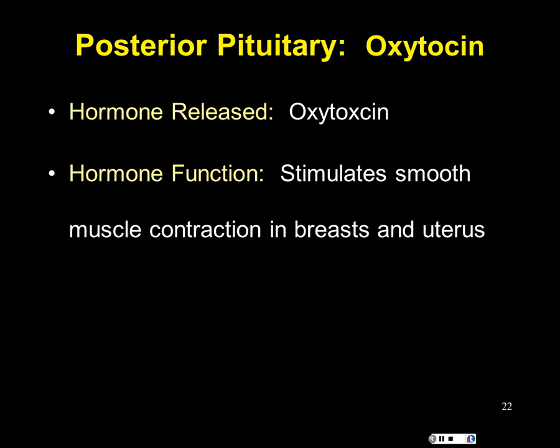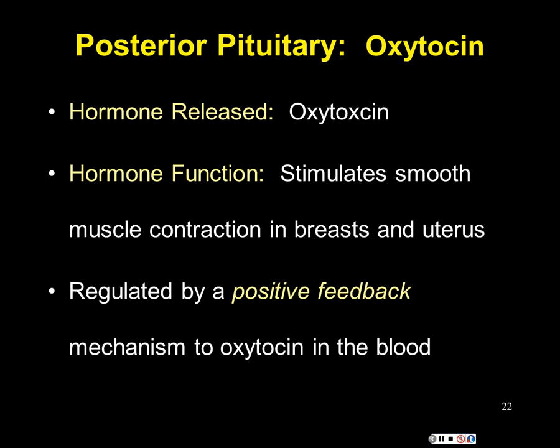Why do you think we should target the mammary gland smooth muscle during labor? Milk letdown. Okay? So as soon as that baby's born, it needs food, right? And so oxytocin helps promote that milk letdown. Oxytocin is one of the few hormones regulated by a positive feedback mechanism.